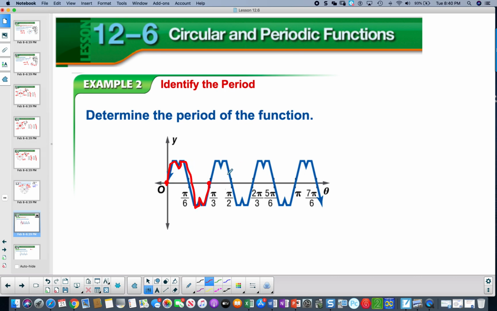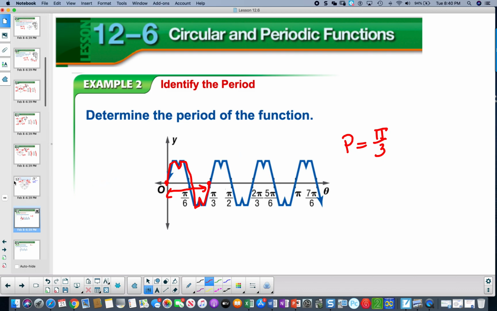Then we go back here. So this whole pattern repeats here and here and here. And so we call this portion the period, the part that it takes to do the whole function before it starts repeating. So the period is pi thirds. So that's how long it is before it starts repeating.